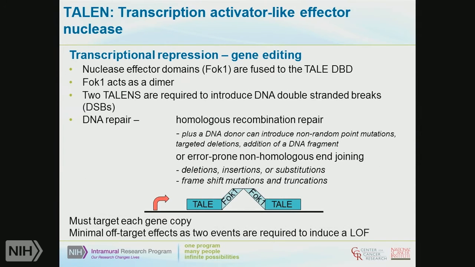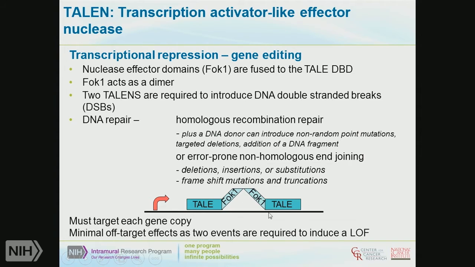Now, what has been used perhaps more extensively is a version of these that uses a dimer. This is known as TALENs, because now you're adding to the TALE a nuclease effector domain from a restriction enzyme, FokI, and this is fused to 2 different TALEs. By doing this, you're targeting 2 different sequences.